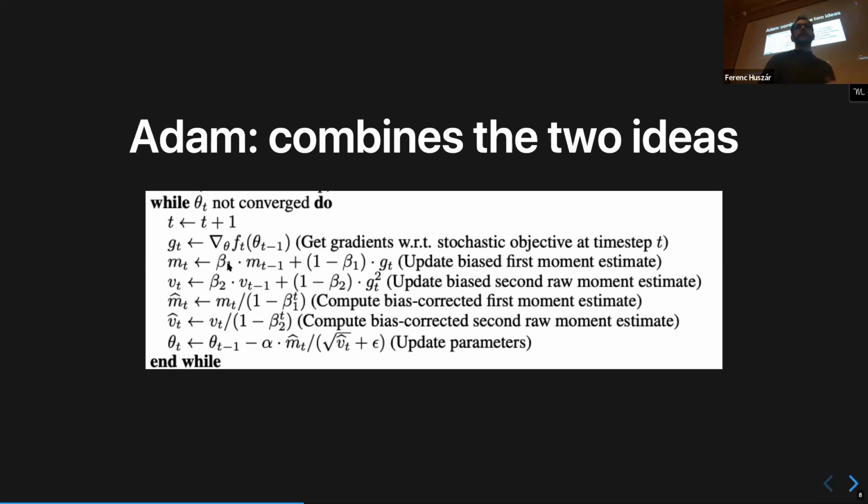The higher this beta value, the more you remember the previous value. If you set beta to 0, then there is no memory, and you're just back to normal memory-less gradient descent, or momentum-less gradient descent.